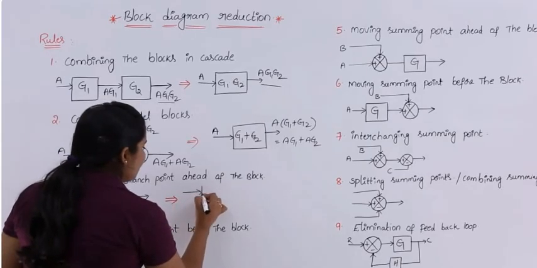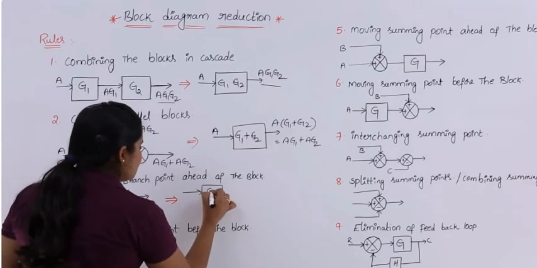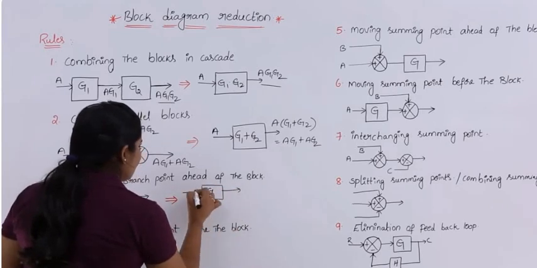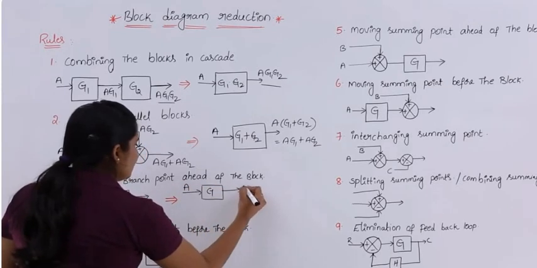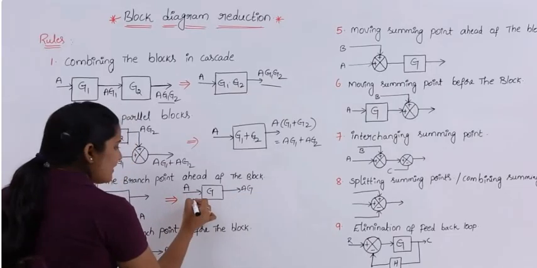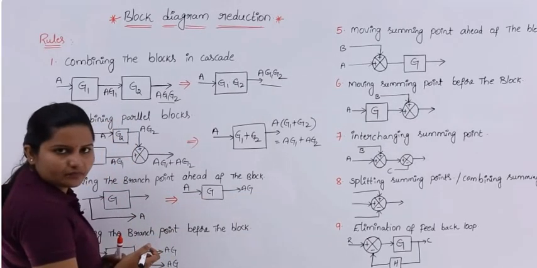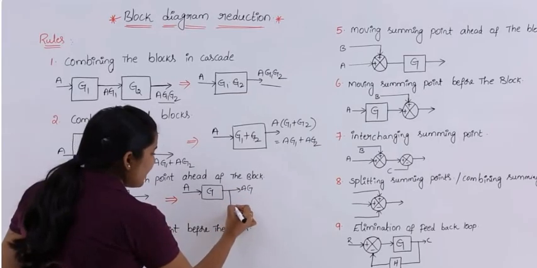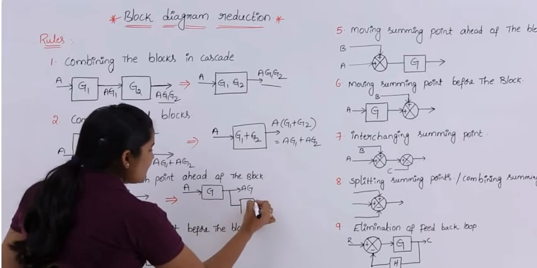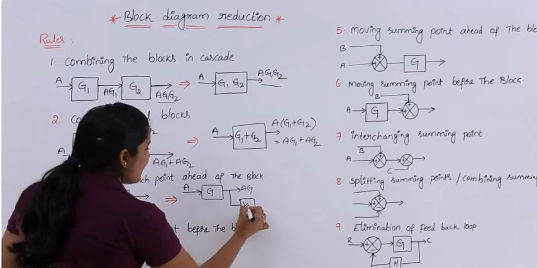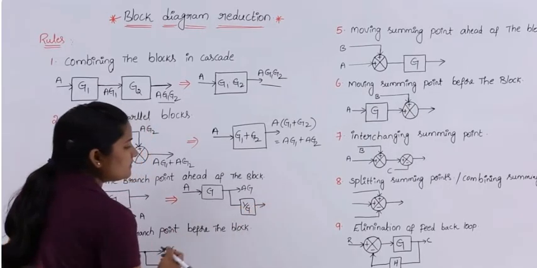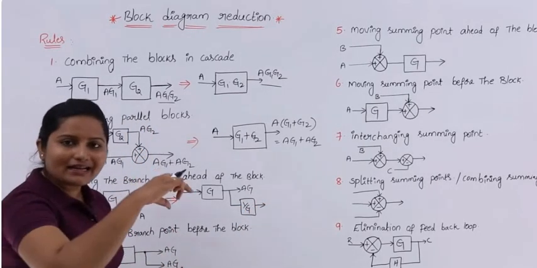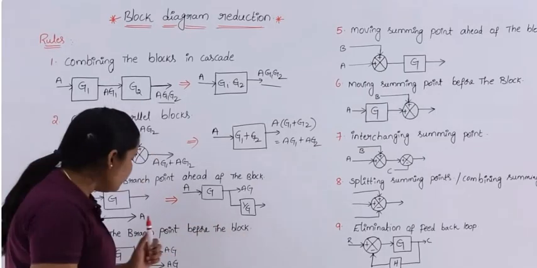Here you are given A, so here AG, and here you have a branch point. If you want to move this branch point ahead of the block, then you need to consider 1 by G as your block gain. You need to add an extra block in that moving path.